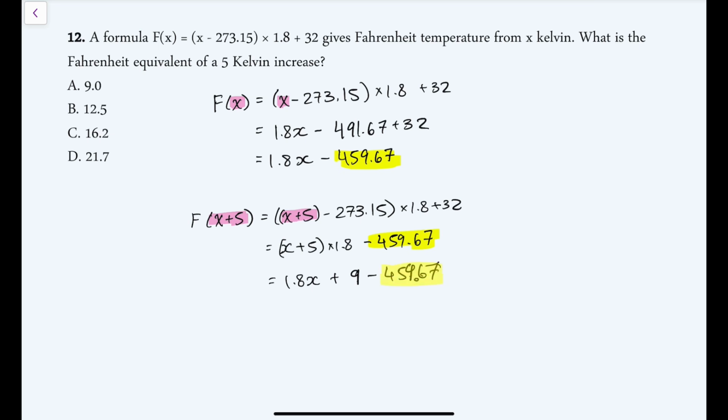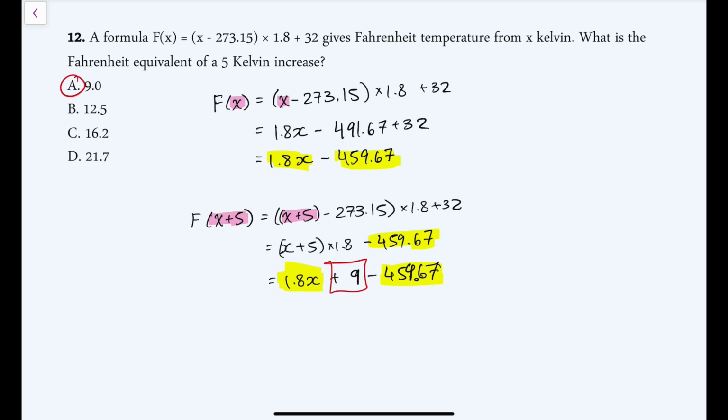So all of this comes from the first equation, right? That didn't change. The only difference is that we add 9. So A, that's the Fahrenheit change of a 5 Kelvin increase.